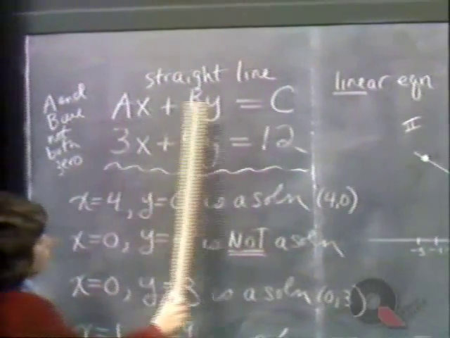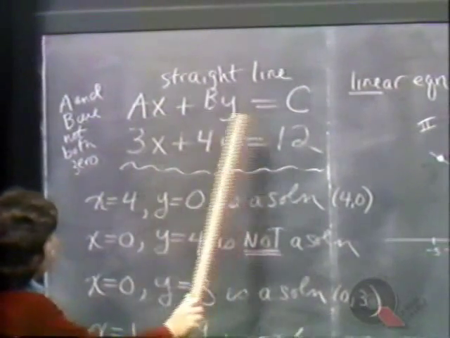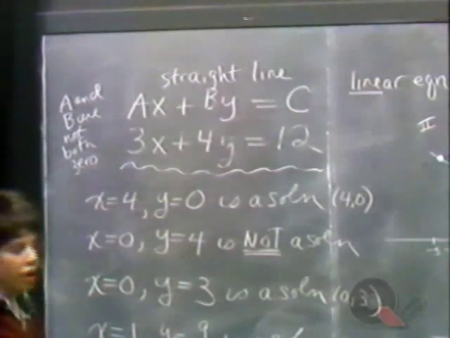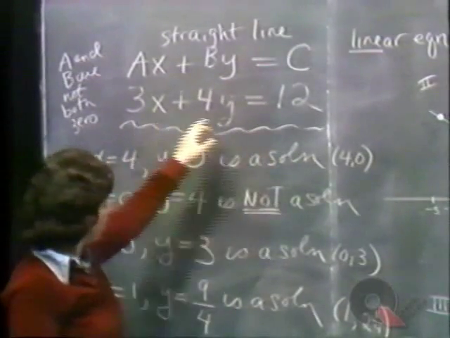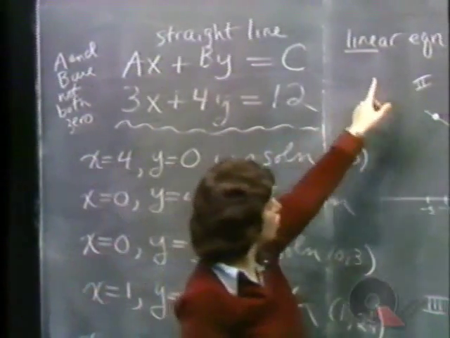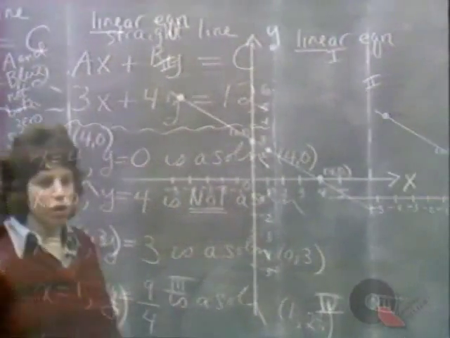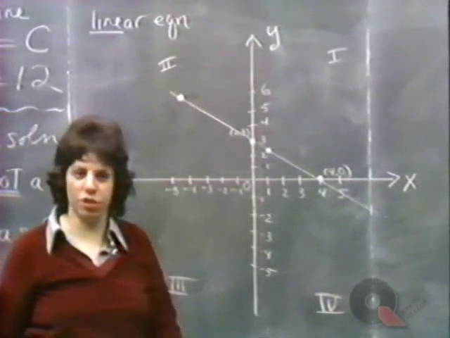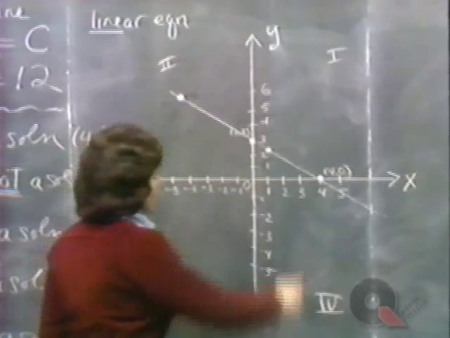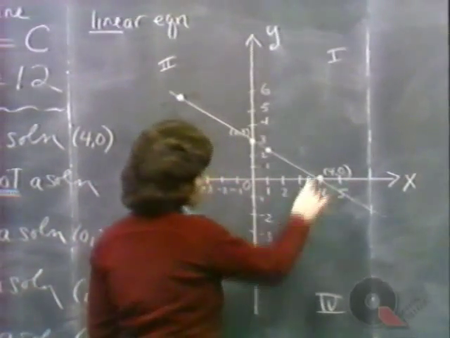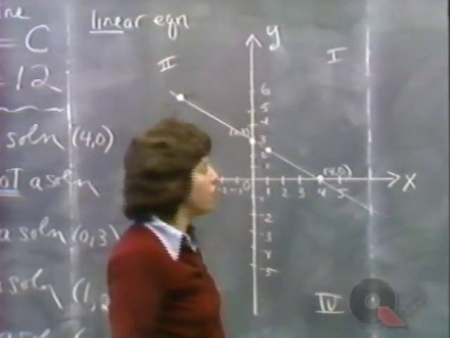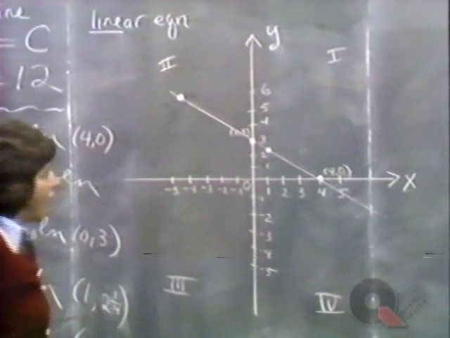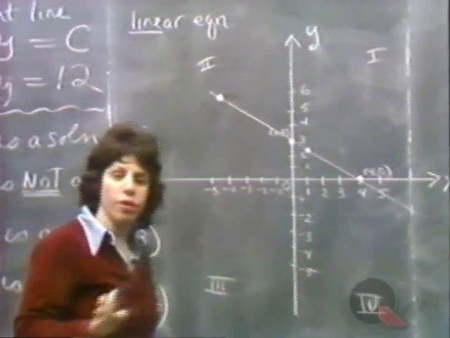Such an equation, a first-degree equation in 2 variables, say x and y here, is called a linear equation. You've all heard the expression 2 points determine a straight line, and that's true. If I just have 2 of these points, I would have, of course, drawn the exact same straight line through them. So theoretically, 2 are enough.